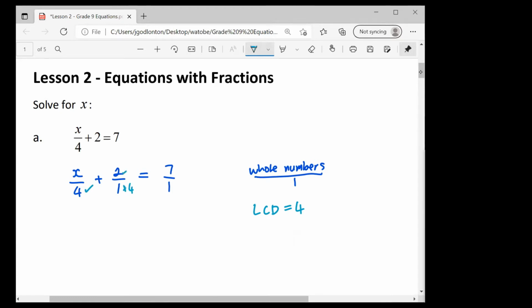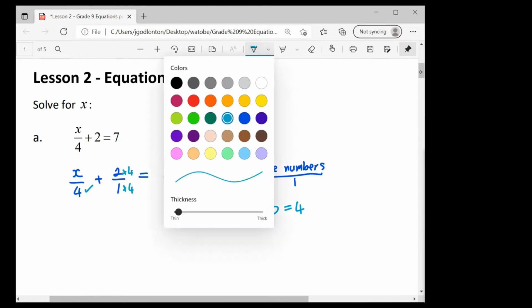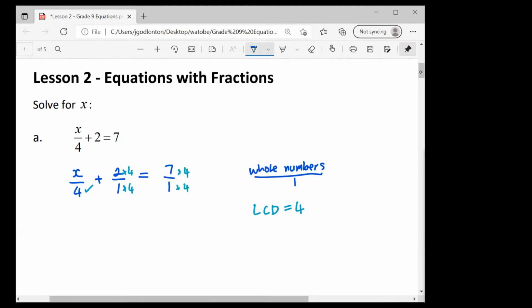And what we do to the bottom, we have to do to the top. And then I would do the exact same thing on this side of the equal sign, times 4 times 4. So what I land up with is x over 4 plus 8 over 4, which is equal to 28 over 4.